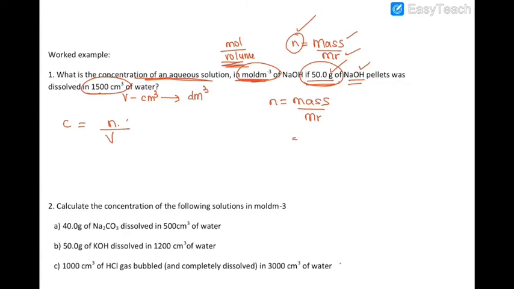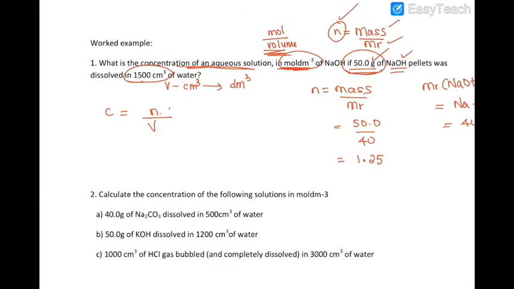But what is the mass? It's given here, 50.0. What is the Mr? You will need to calculate it. Mr of NaOH is Ar of Na plus Ar of O plus Ar of H. So that's 40. So 50 divided by 40 is 1.25.